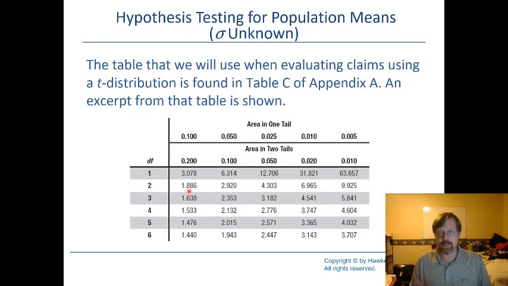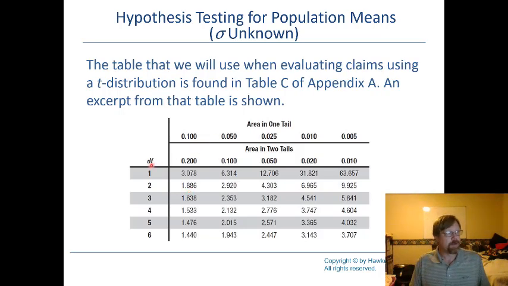So just a reminder of how to use the table, again found in Table C in Appendix A. You look at how many degrees of freedom you have, sample size minus 1, and you look at either a one-tailed or two-tailed test and what significance level you want for that.